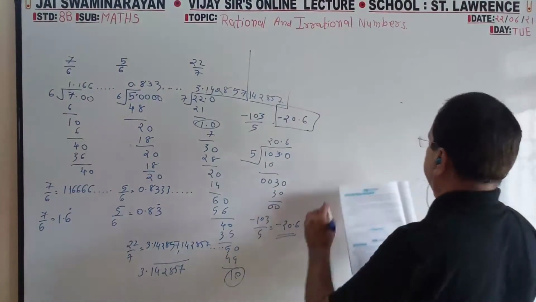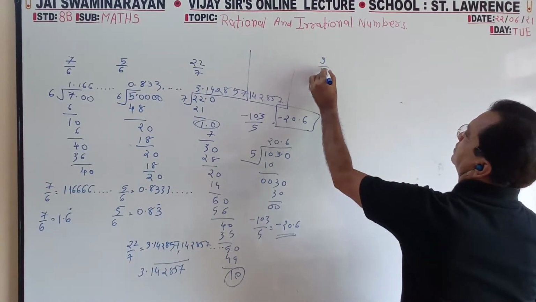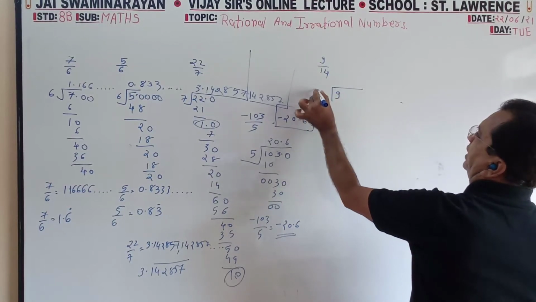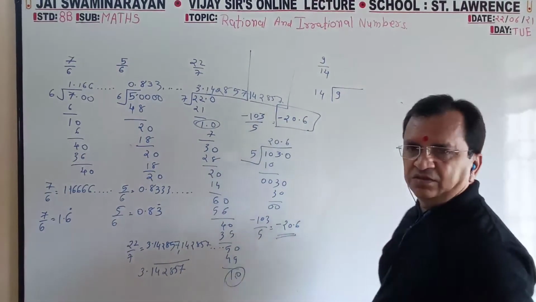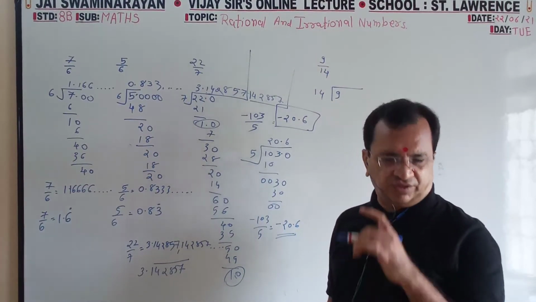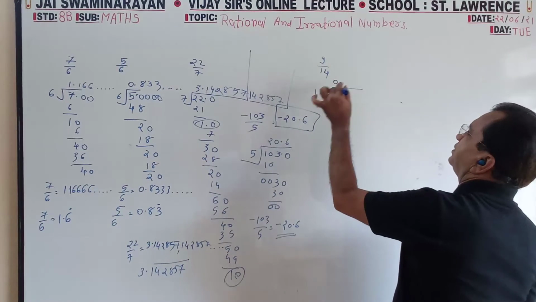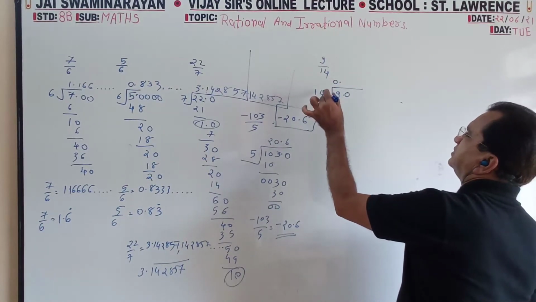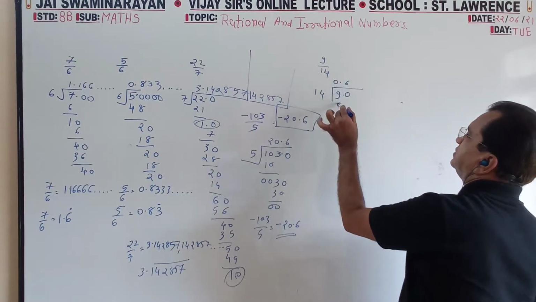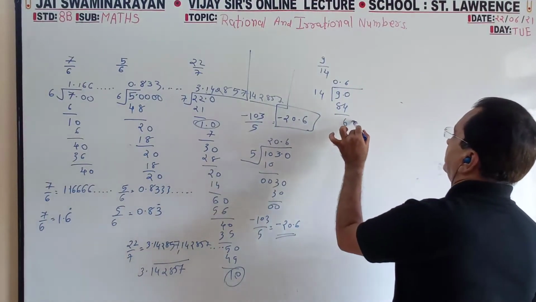Now 9 by 14. So 9, 14. 14 1 14, so it is less than 14, so 0.14. 14 sixes are 84, 6 remain.